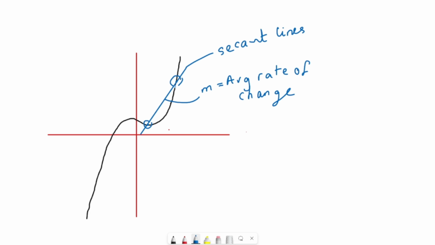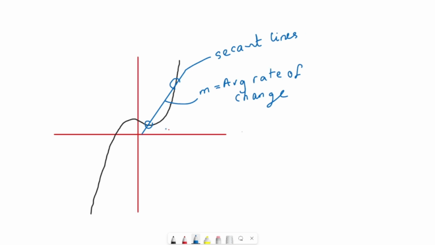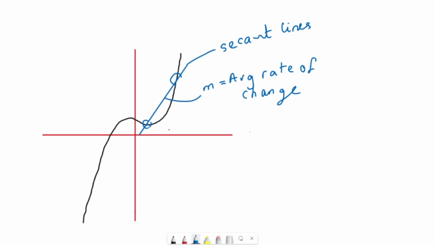So now, to denote this a bit better, I'm going to zoom in and notice that this is on a different x coordinate, this is on a different x coordinate. So I'm going to mark this as x, and I'll say that to get to this point I went out a distance of h. So if I drew a point here, I went out a distance h on the x-axis to get here.